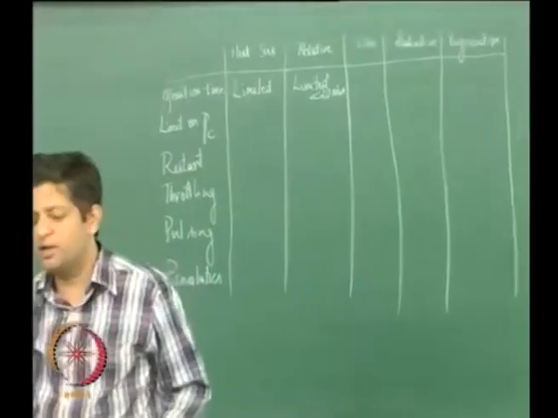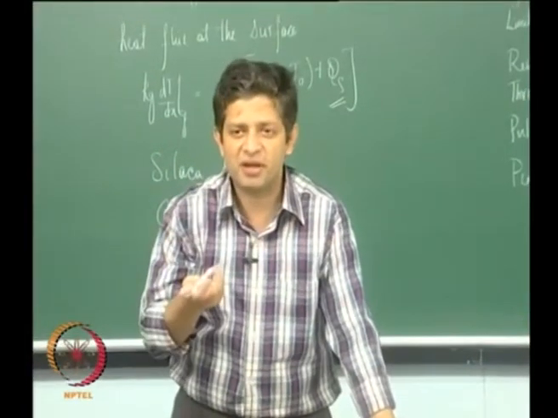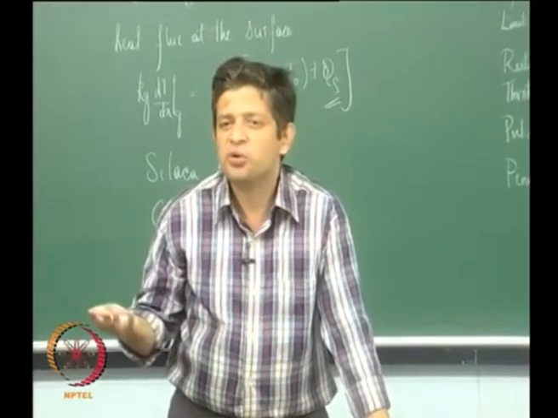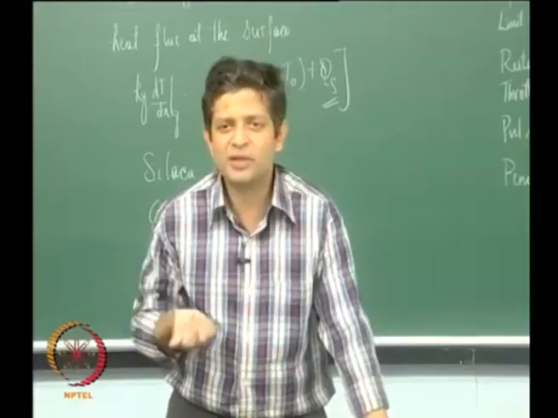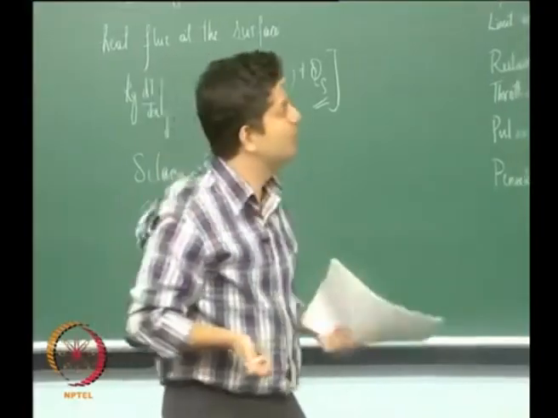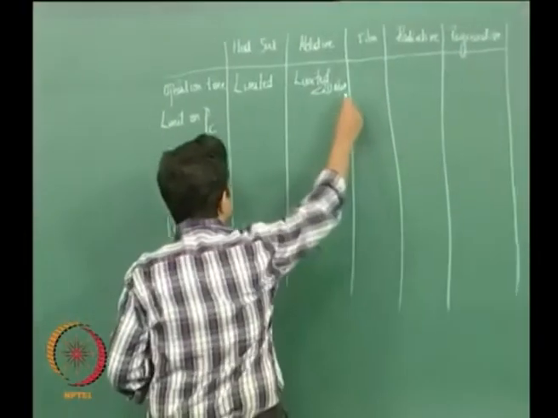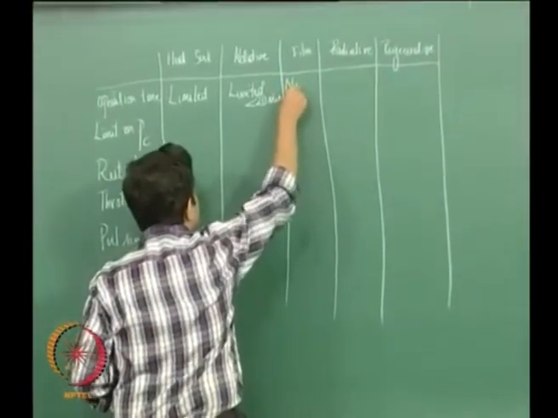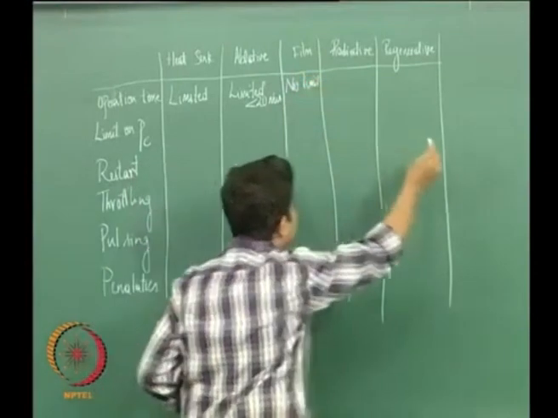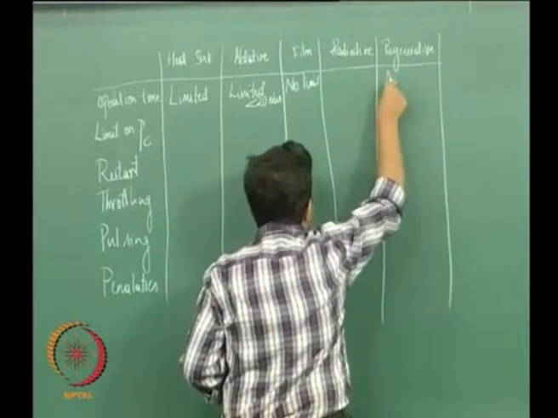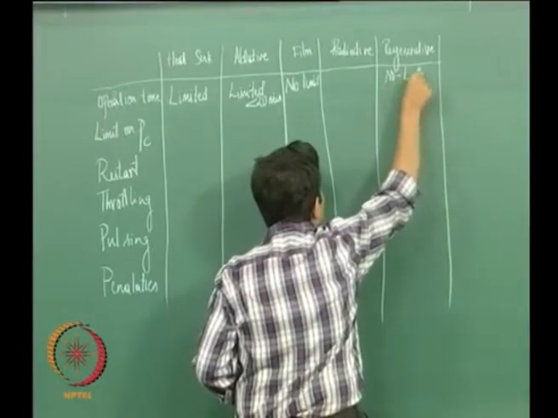Film cooling, if you look at it, you are constantly pushing out some liquid on the periphery. Therefore, there is no limit. As long as you have the liquid on board, you can keep doing this, and there is no limit to the operational time. And this should be the same for regenerative cooling also.